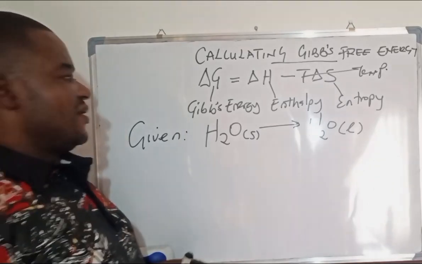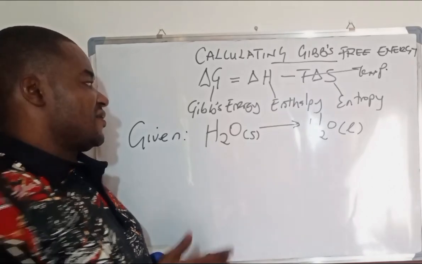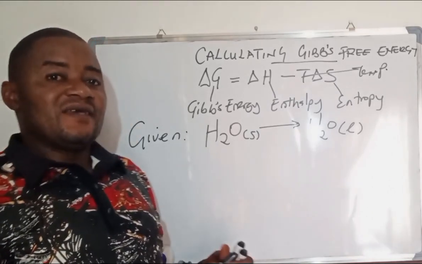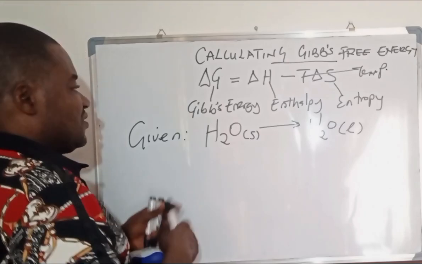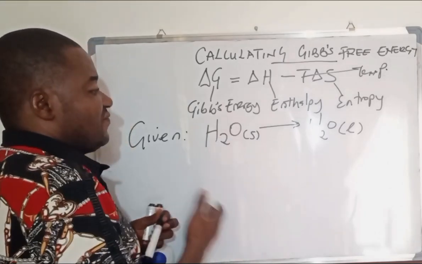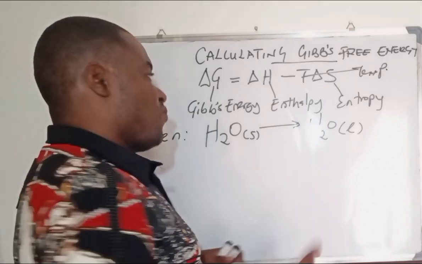Water exists as solid, liquid, and gas, so it has ice, a liquid form, and also the water vapor form. So we have a reaction that involves melting of ice to the liquid form of water.